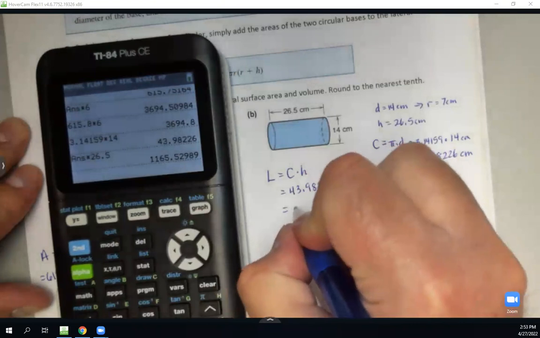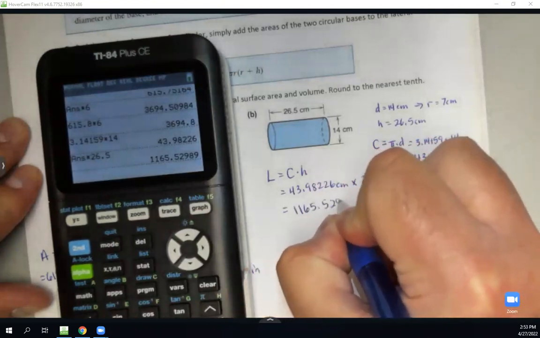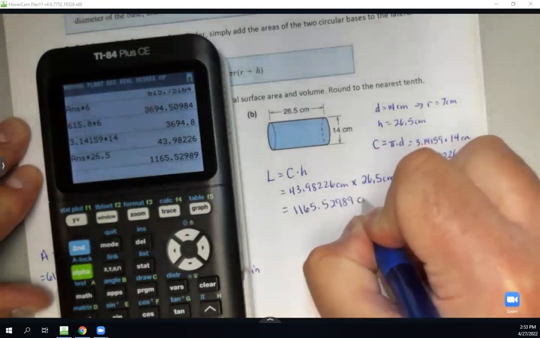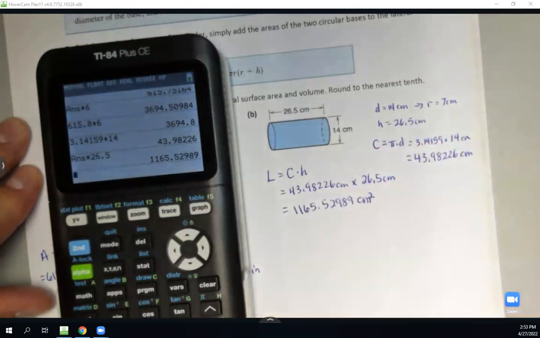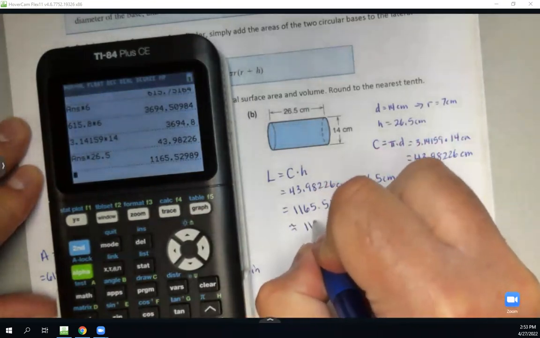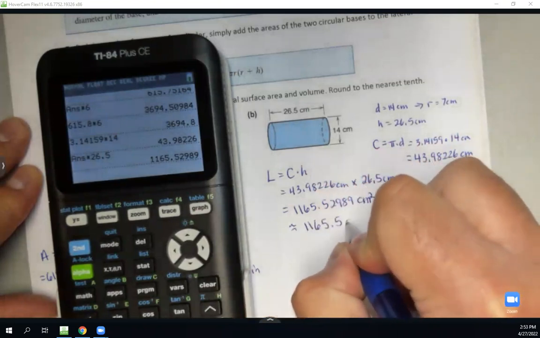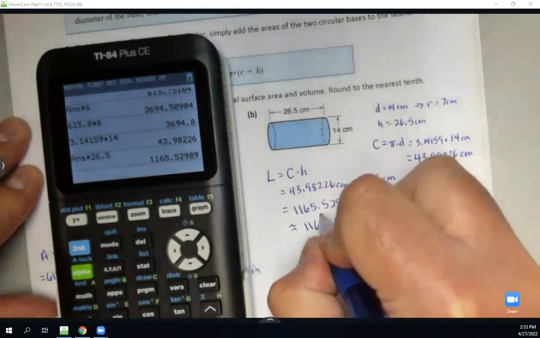So that is 1,165.52989 square centimeters, or rounding, 1,165.5 square centimeters.